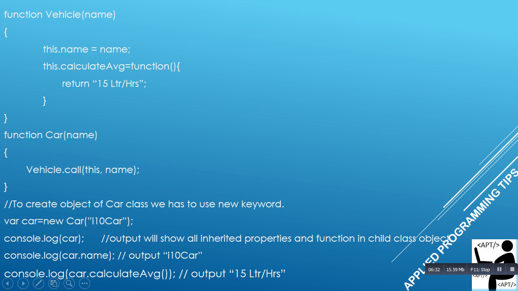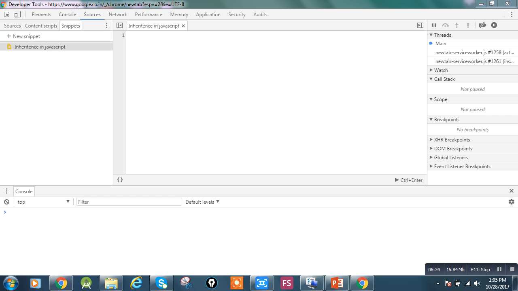So let's try to create a vehicle class in the console window. Let's pass the name of the vehicle. I think I have written some wrong keyword. Now it is fine.